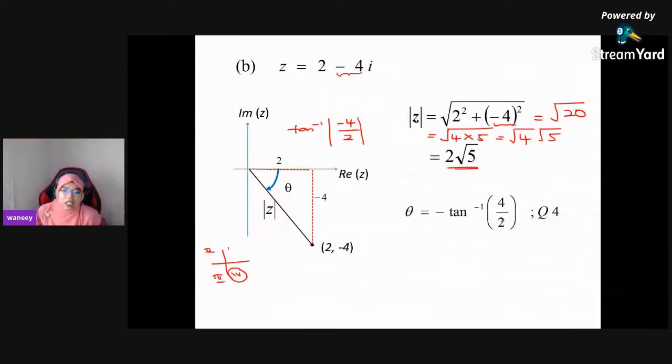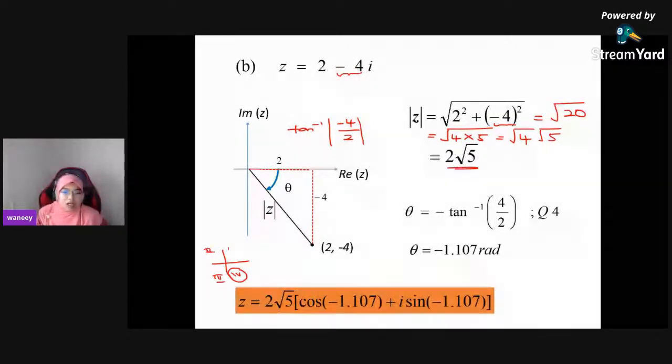Okay, so now again use your calculator, find out what is arctangent of 2. So the formula will give you argument equal to negative 1.107 radian. So once you know what is your argument, substitute into the polar form. So z will be equal to r, okay, so cos theta plus i sin theta.